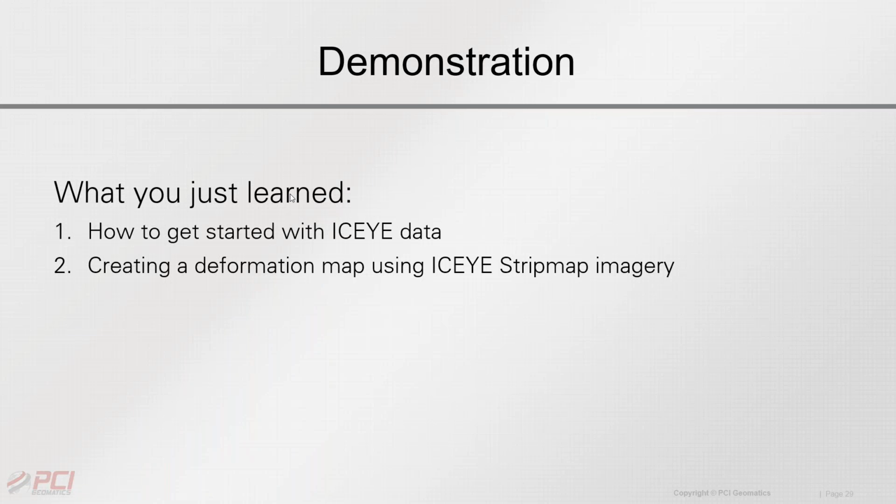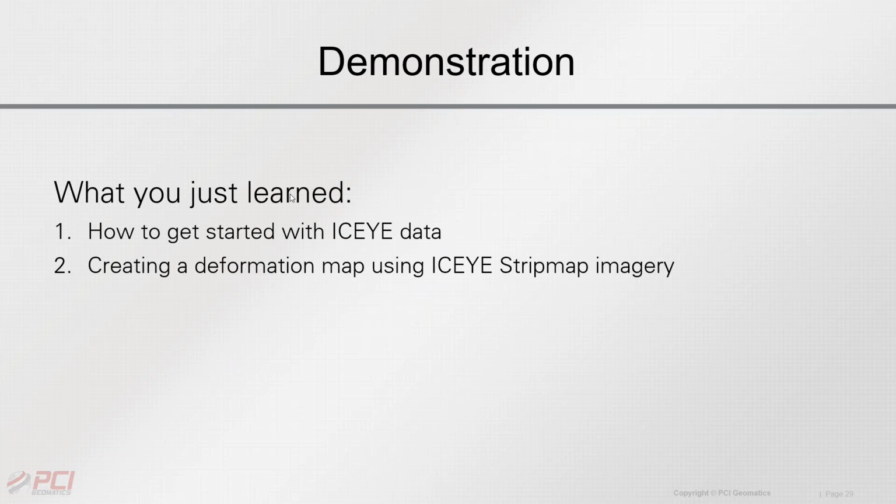Okay, so once again, what you just learned through that demonstration was how to get started with ICEYE data. Jason showed you how to load the raw ICEYE data into Geomatica's Focus, showed you that we're bringing in a lot of additional information, so we're automatically extracting all that metadata. We're able to orthorectify the data on the fly.